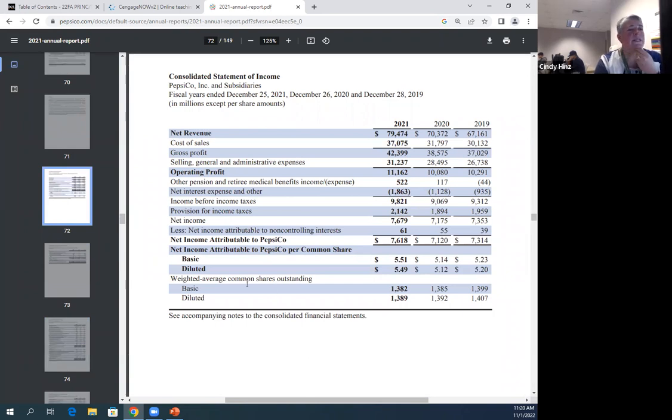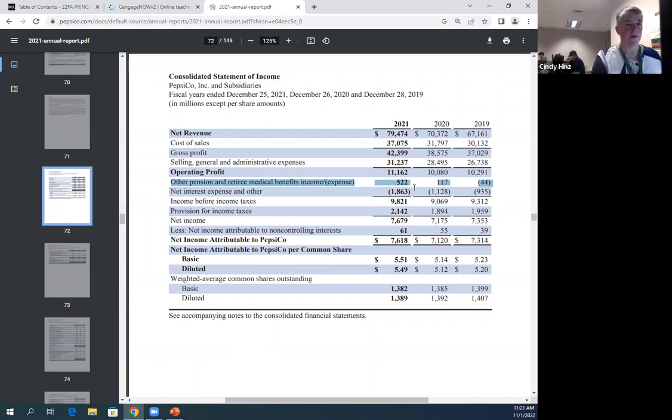Well, unfortunately, it doesn't give us enough detail here. I will point this out because this is going to come up in this chapter as well. You'll notice that they have a separate line item for other pension and retiree medical benefits. You'll notice how much that has cost them.